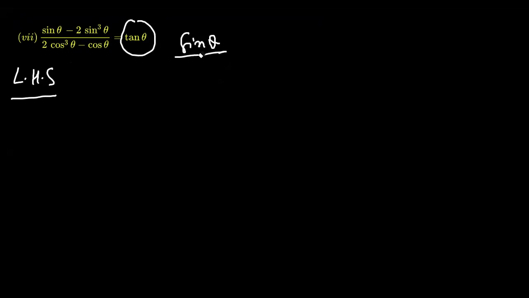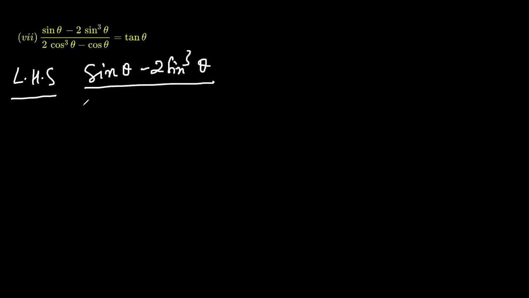So it would be useful if we can take sine theta common from the numerator and cos theta common from the denominator, which is common, yes. So let us write it first. Sine theta minus 2 sine cube theta divided by 2 cos cube theta minus cos theta.